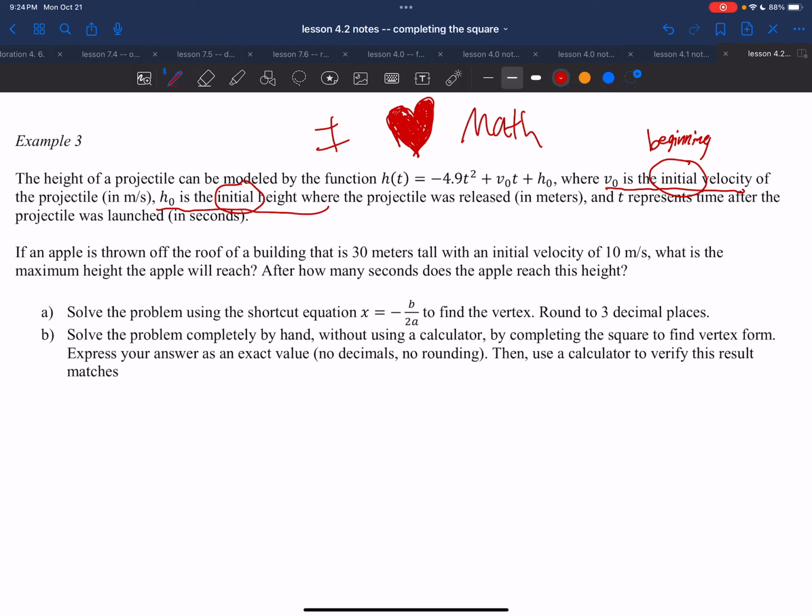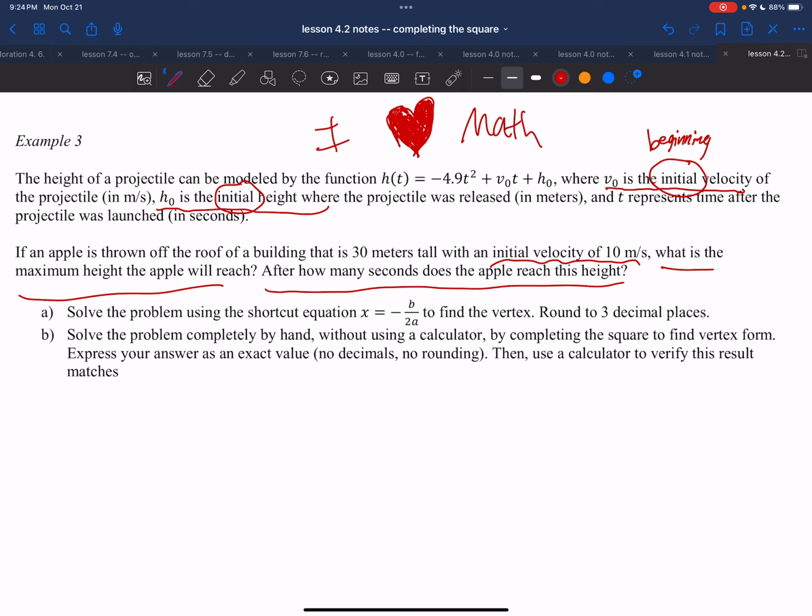It says, an apple is thrown off the roof of a building 30 meters tall with an initial velocity of 10 meters per second. What is the maximum height the apple will reach? And after how many seconds does it reach this height?